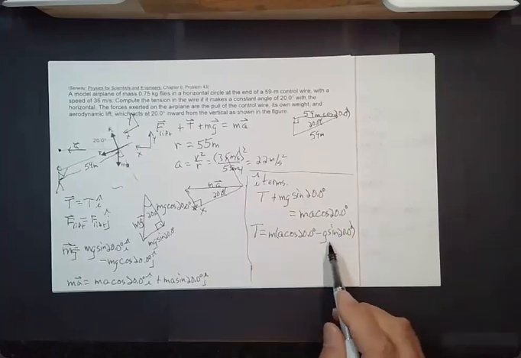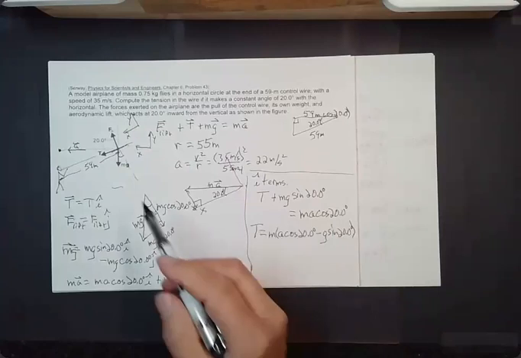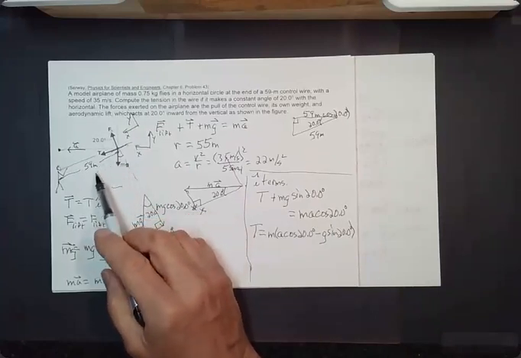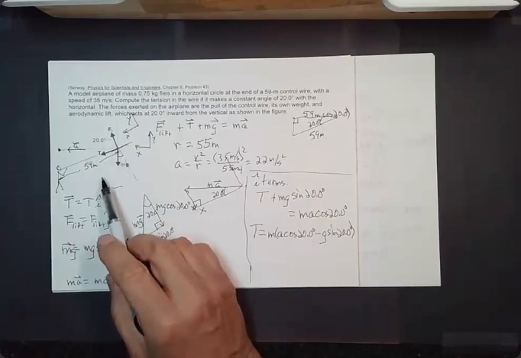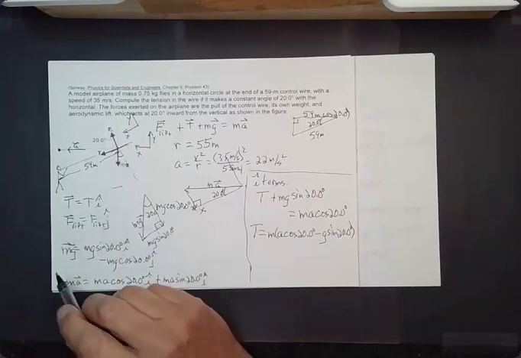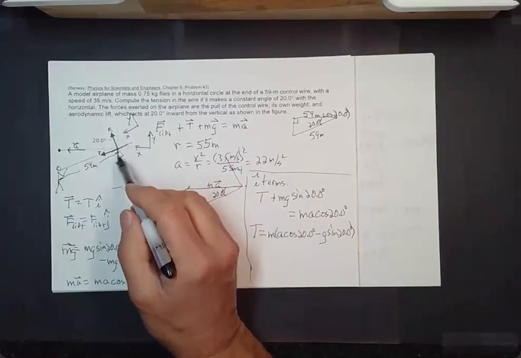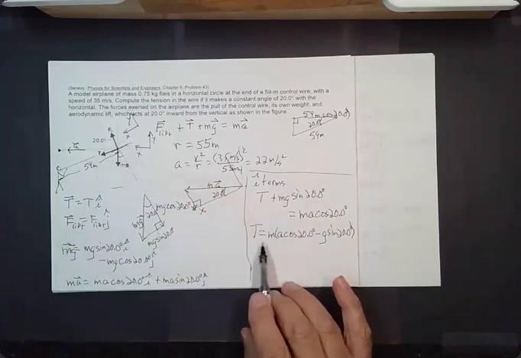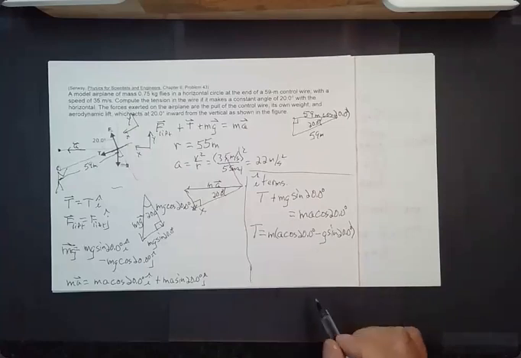That component of the weight is helping to produce the centripetal acceleration in a weird sort of way. Actually, it's not helping with the acceleration because it's perpendicular to it, but it does reduce the tension that's needed.